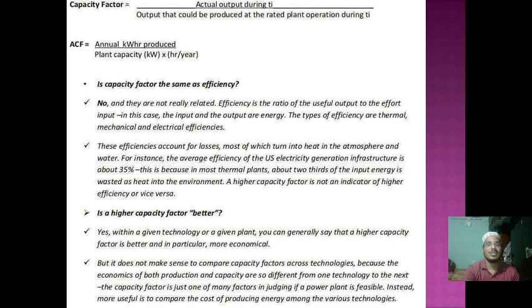Most of the efficiency we lose turns into heat in the atmosphere. If the efficiency goes lower, the heat energy produced in the power plant goes to the atmosphere. That is our wastage. For instance, the average efficiency of US electricity generation infrastructure is about 35%, because most are thermal plants.